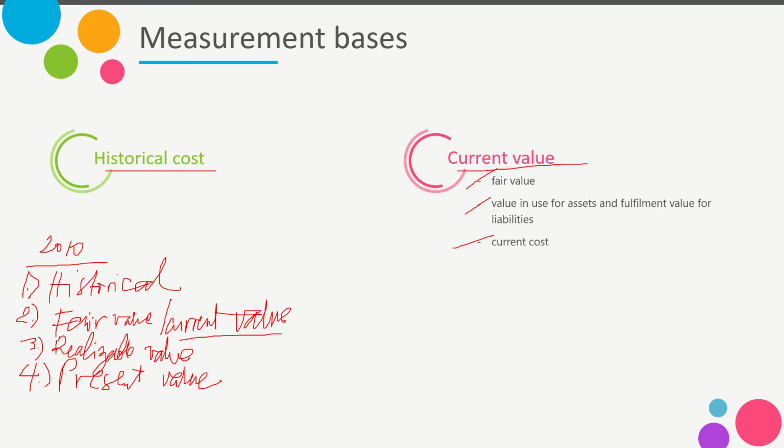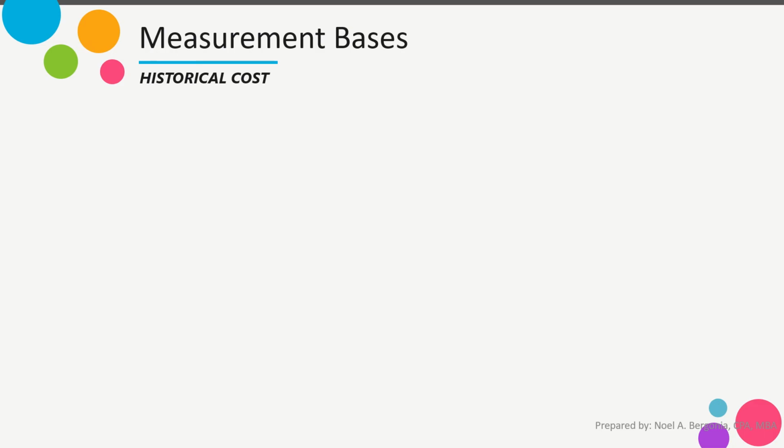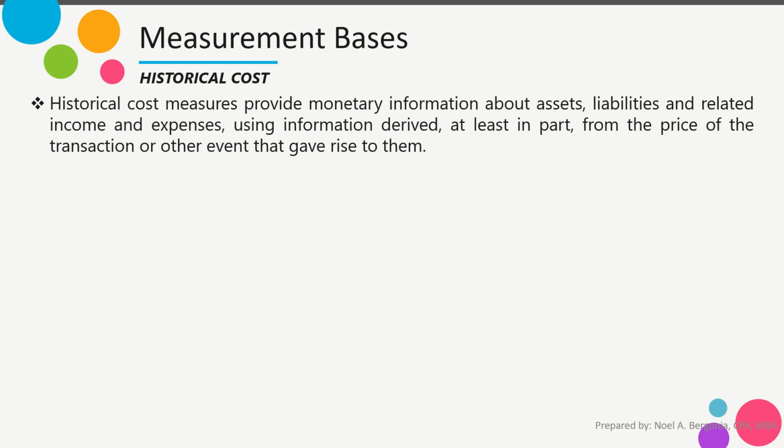Okay? So right now, let's start with the measurement basis, historical costs. When we talk about historical cost, from the word itself, history, historical cost provides us the monetary information, the quantitative information of the elements, which is derived from the price of the transaction or other event that gives rise to them.